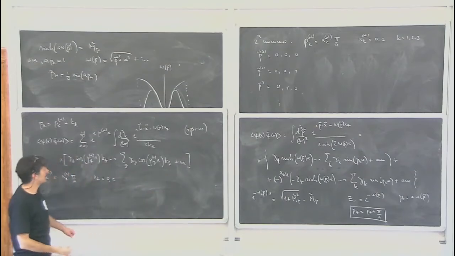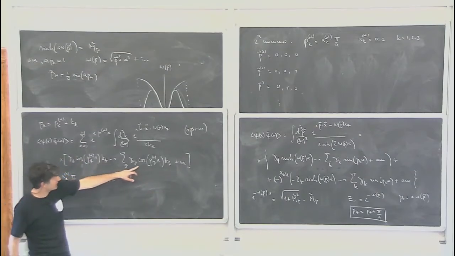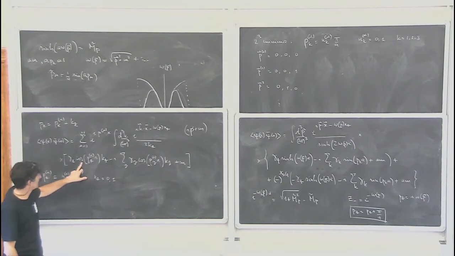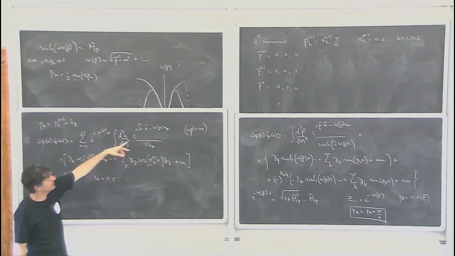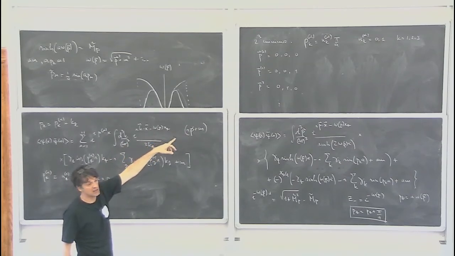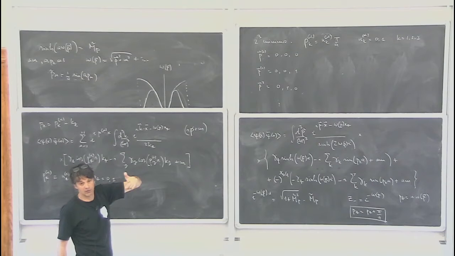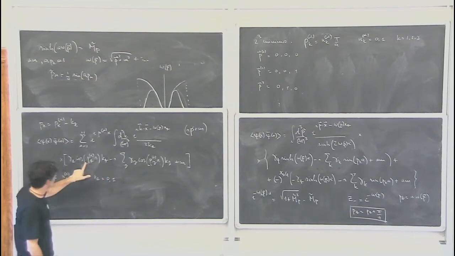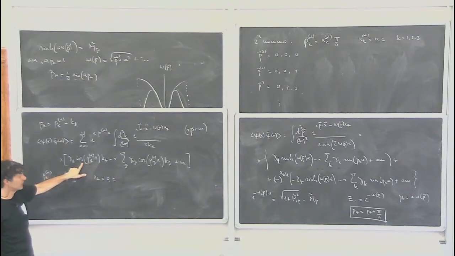Everything is there except for these cosines of p alpha a. Now remember that p alpha times a is either 0 or pi, which means that these factors are either 1 or minus 1.